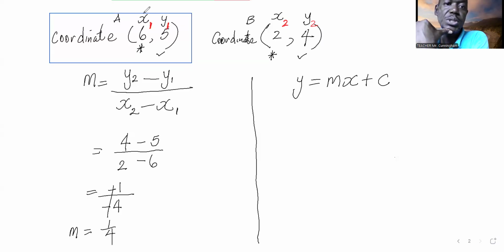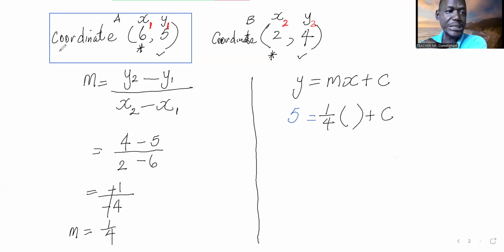So we're going to use the coordinates of A, which is y is 5. Notice I'm going to substitute. Remember we had m. M is a constant, so we can use it anytime. 1/4 times x would be from the coordinate. From the coordinate, we had x as 6.